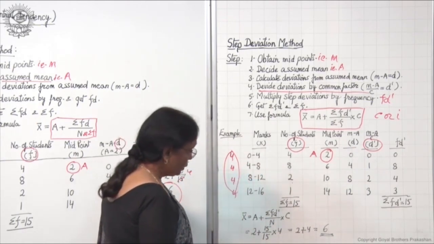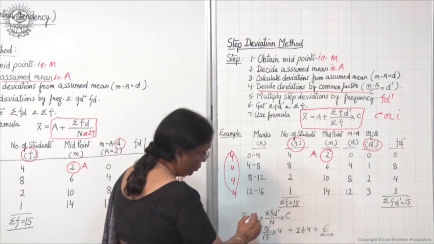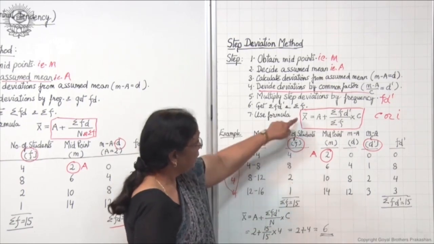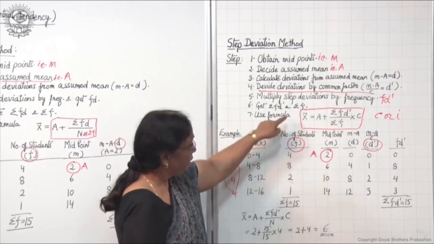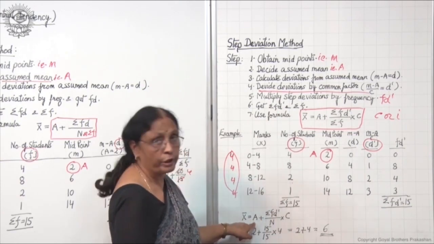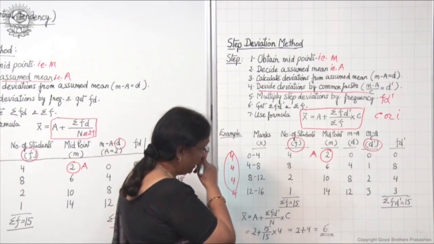Now put the values, write down the formula first. X bar is equal to A plus sigma FD dash upon N into C. The same formula, note it very carefully. There should not be any mistake in noting down the formula, right? And then put the values.